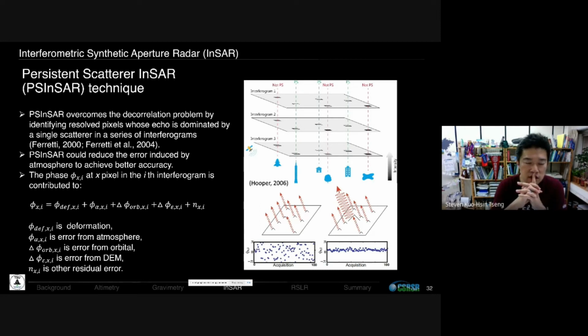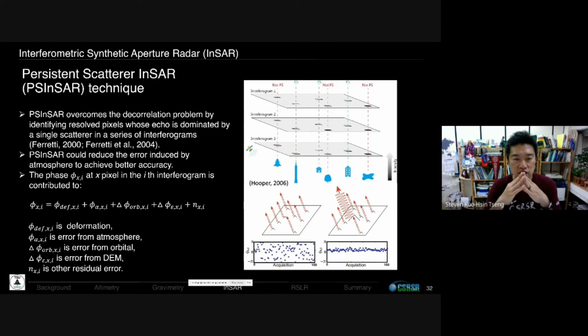So by using this tool, we can reveal the surface change by using several post-processing techniques. One very famous is the persistent scatterer InSAR, or actually in the very beginning, it was called the permanent scatterer InSAR, by Ferretti. So PS InSAR gives us an idea for a certain object.